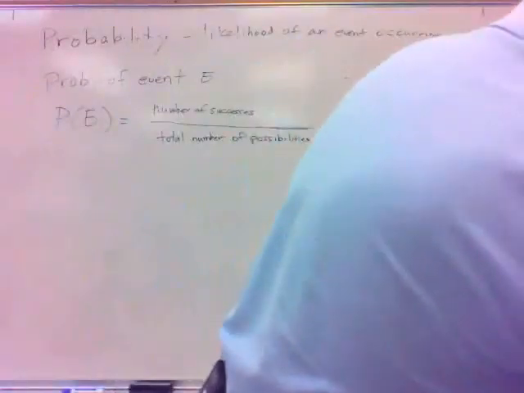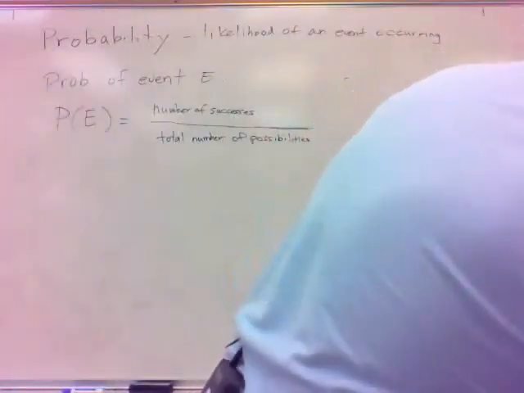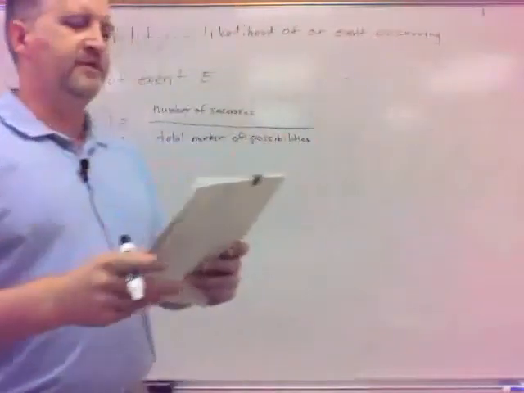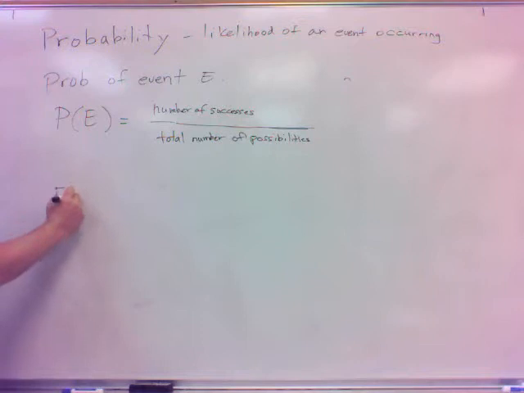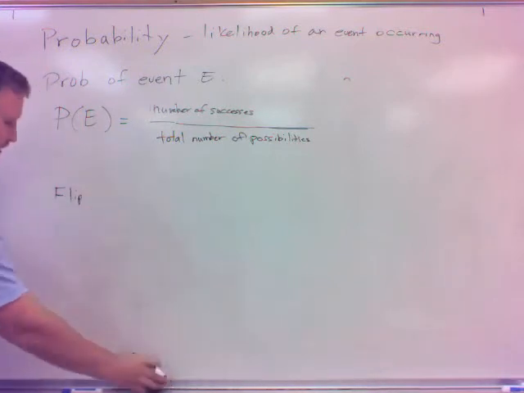So what we want to look at is just, oh yeah, let me also mention one other thing. Back when we were flipping the coin, let me tell you another definition here.